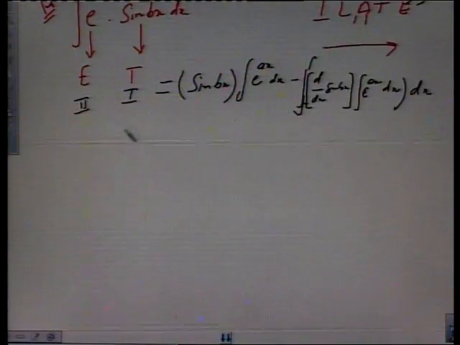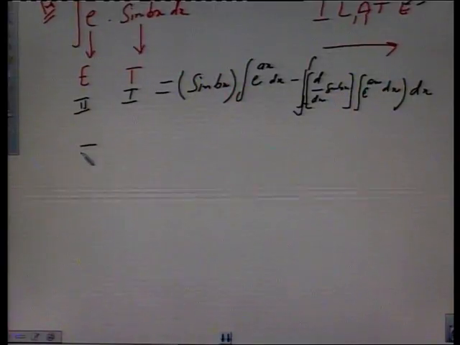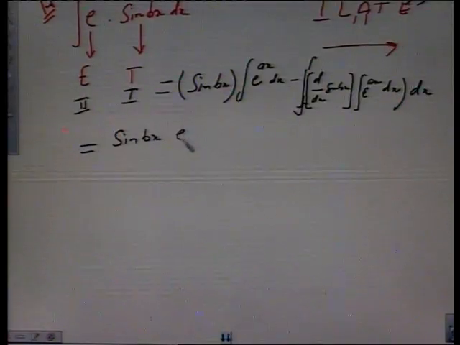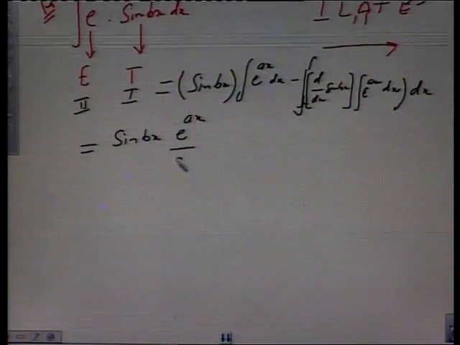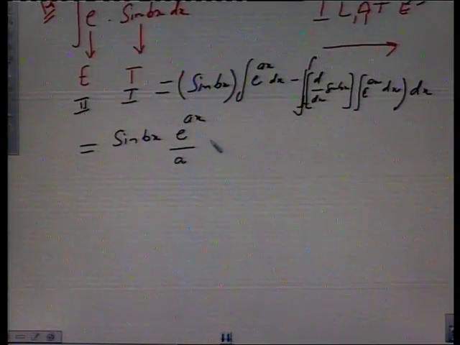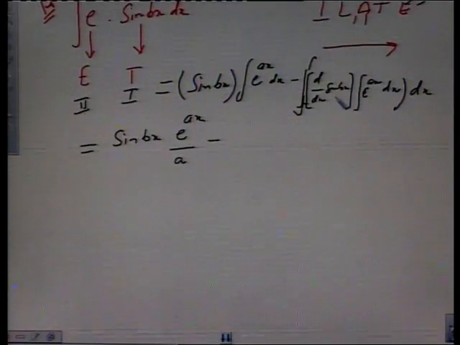Or if you solve this, we get here sin bx, integration of e raised to power ax is e raised to power ax upon a, minus, what is derivative of sin bx?